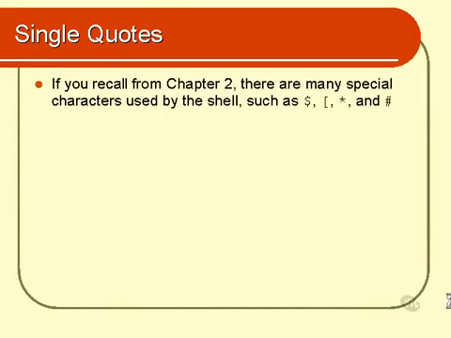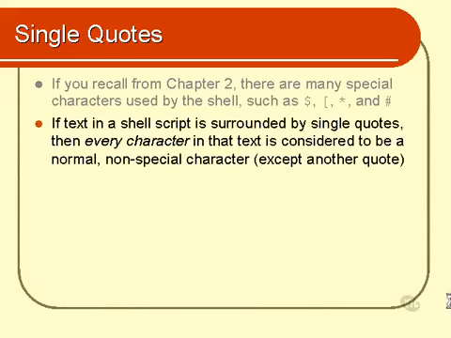Remember that I spoke to you earlier about special characters used by the shell, and there's a bunch of them, such as the $ sign, the brackets, the asterisk, the hash or the pound sign, and also things like the space character. Here's how that has to do with single quotes. If you take a piece of text from a shell script and surround it by single quotes, then every character between the quotes is now considered to be a normal non-special character.